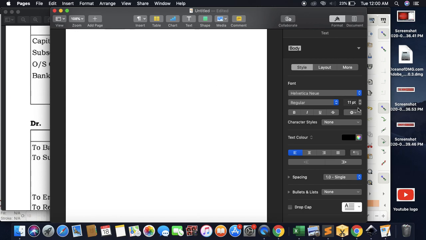Basically, let's increase this to 50 and bold it. So we're going to enter it on the income side. I think the font is too big. Reduce to 40.